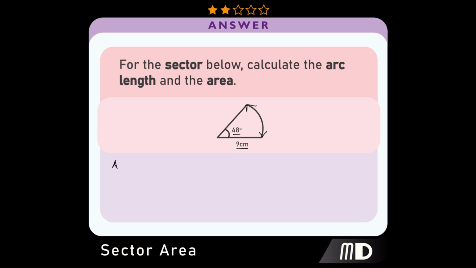So the arc length is equal to pi times the diameter times theta over 360. And the area is equal to pi times the radius squared times theta over 360.